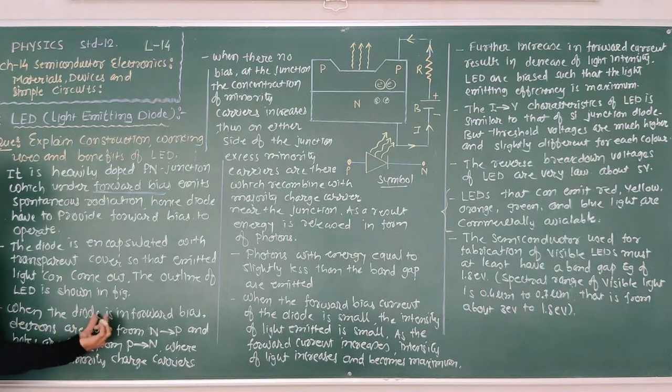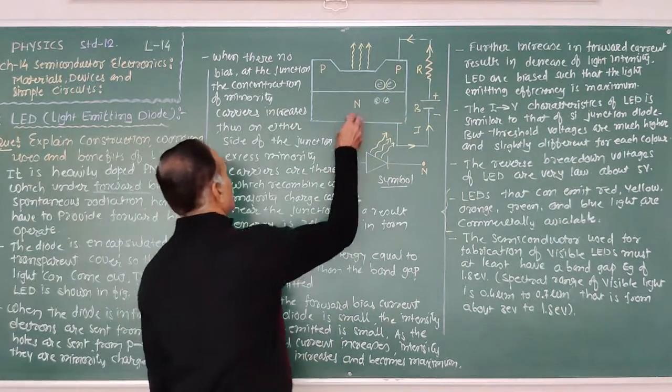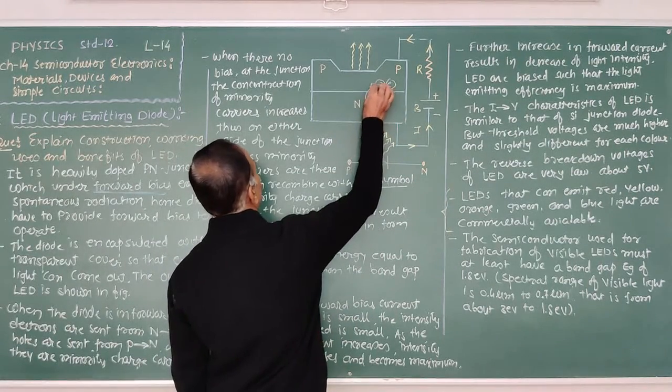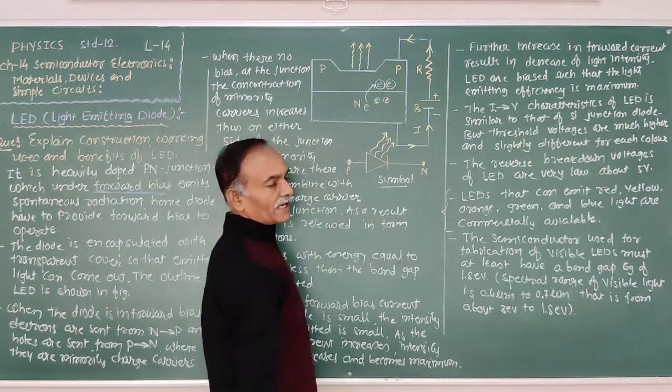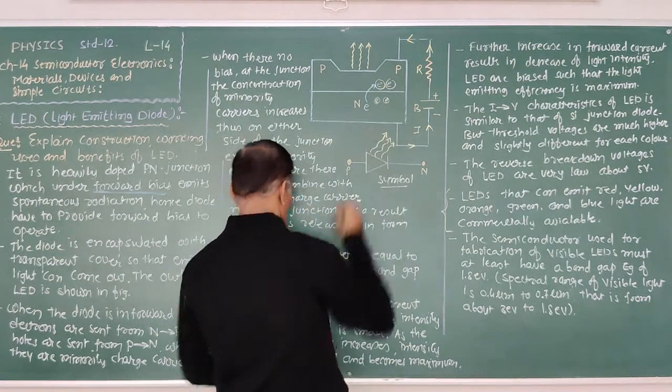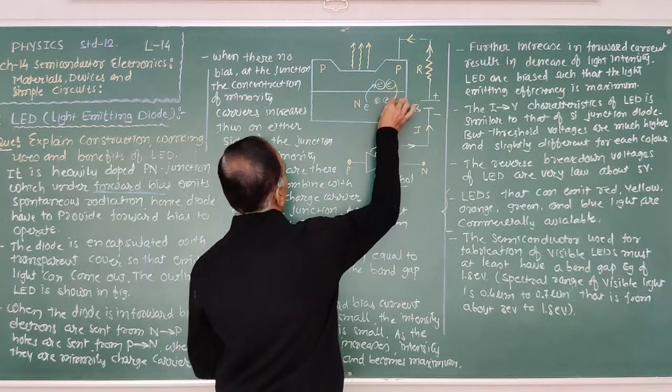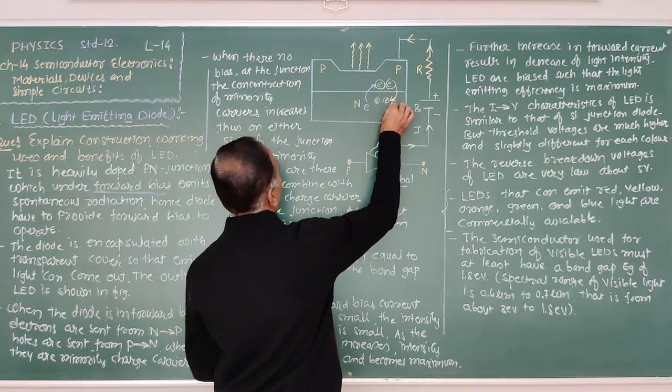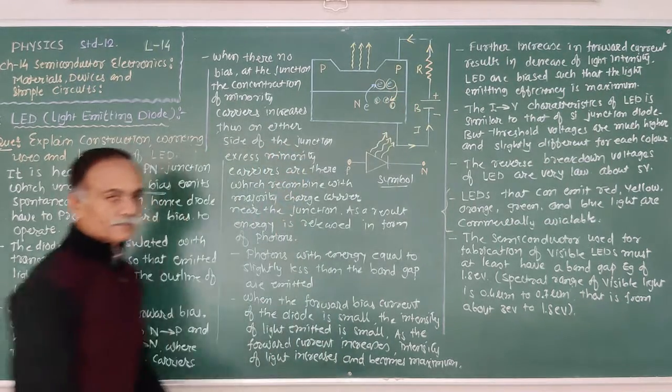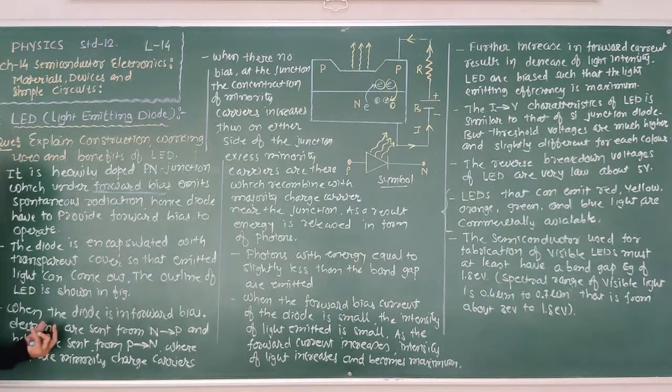When the diode is in forward bias, the electrons are sent from N to P and holes are sent from P to N, where they are minority charge carriers.